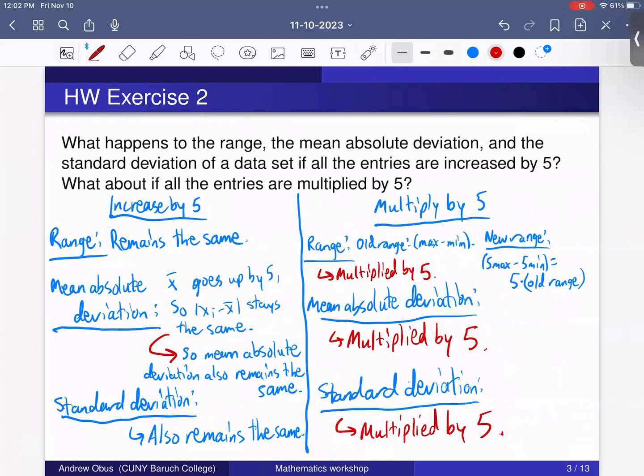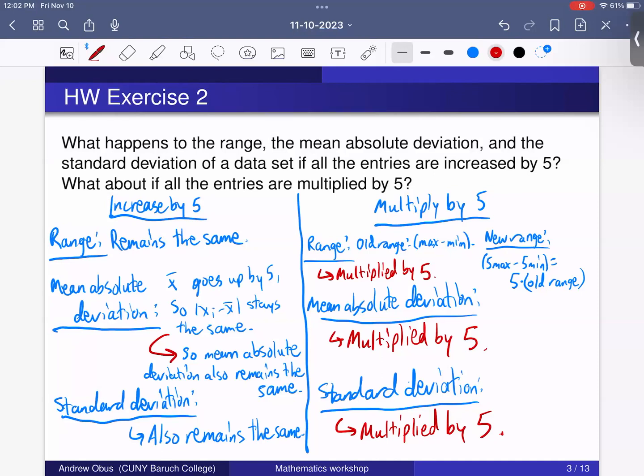So what we see here is all of these measures of dispersion. You have your data set. You multiply everything by 5. What does that do? It actually spreads out the data set a little more. If we started with 1, 2, 3, 4, 5, 6, you multiply it by 5, you now have 5, 10, 15, 20, 25, 30. That's more spread out than 1, 2, 3, 4, 5, 6.